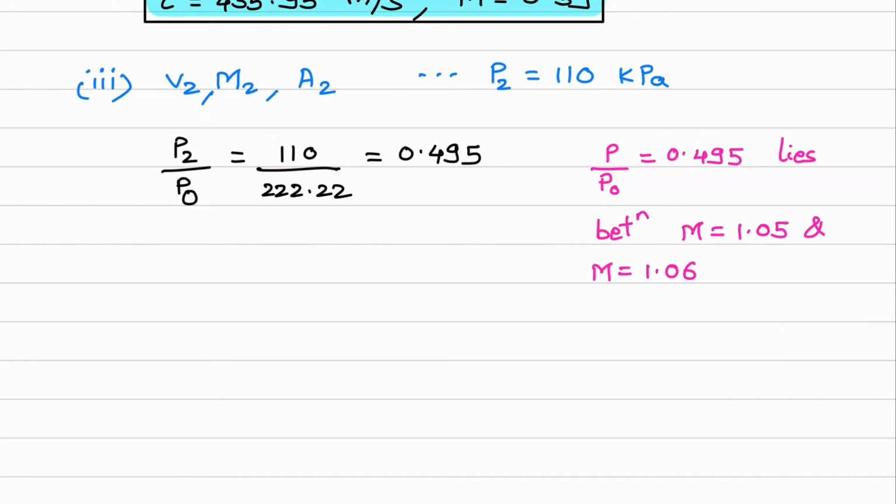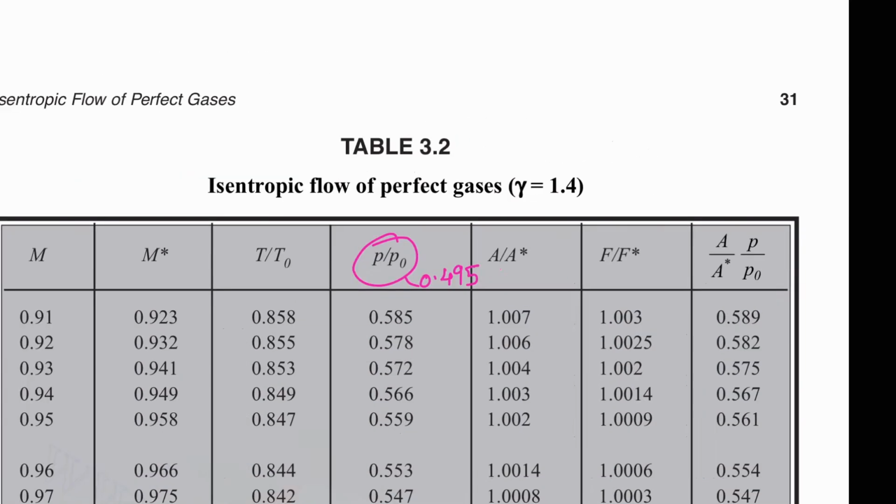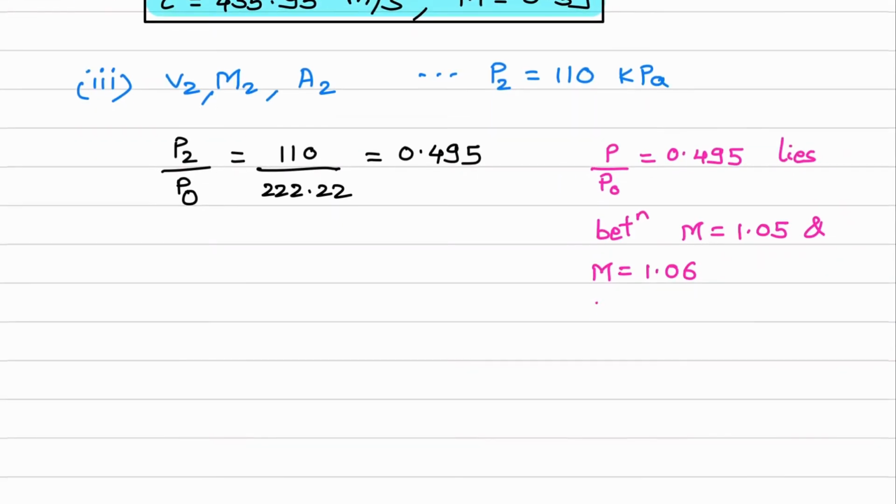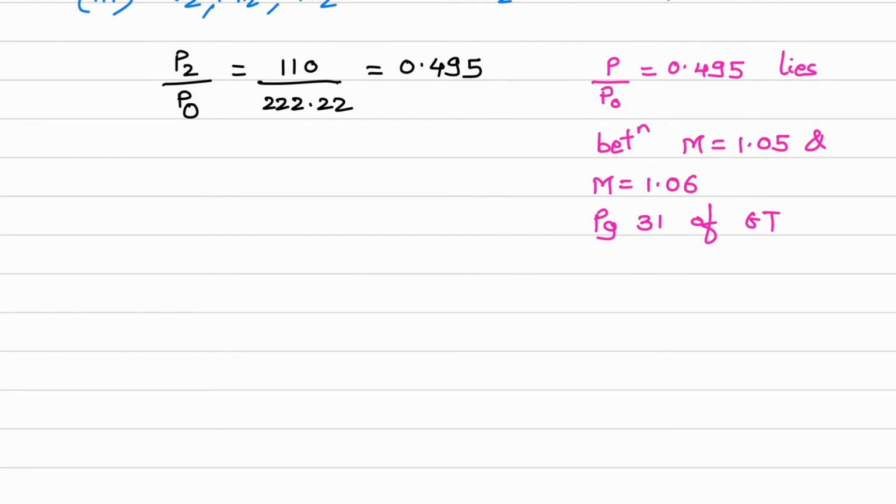Okay, and this we have seen on which page number? Page number 31 of gas table. Okay, so what I can do now, I can copy that table over here. So I'll quickly copy that value.